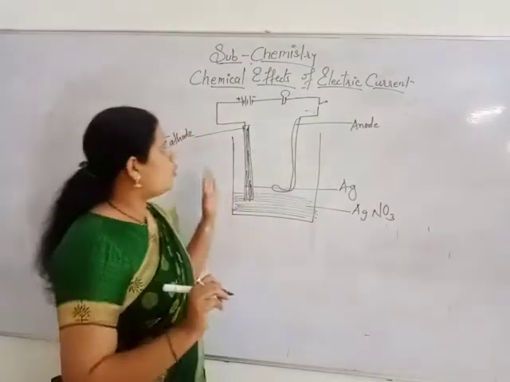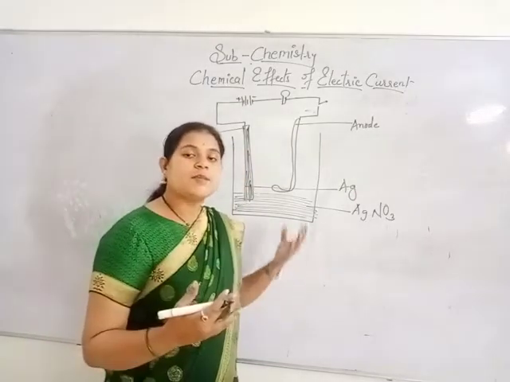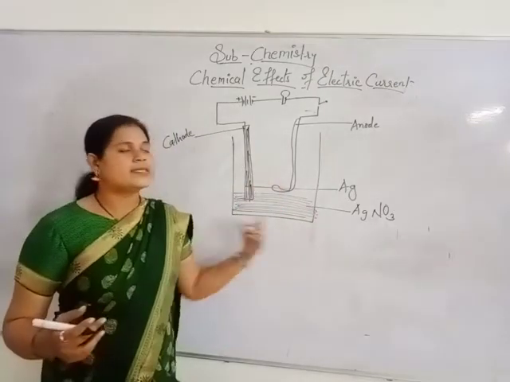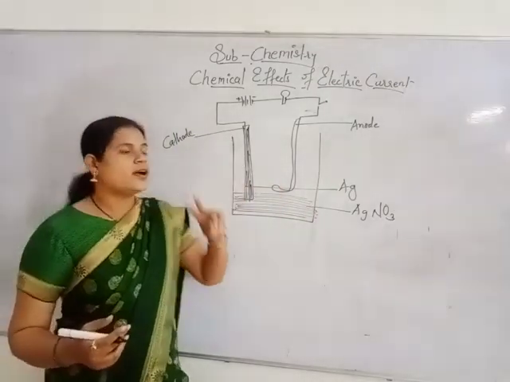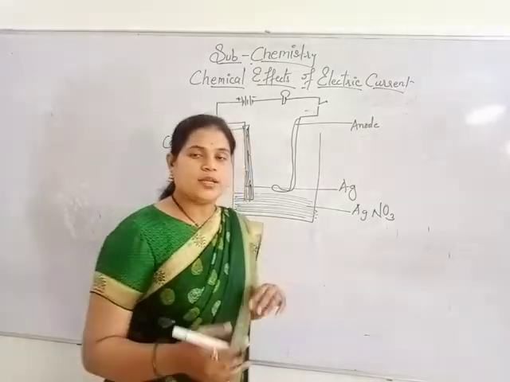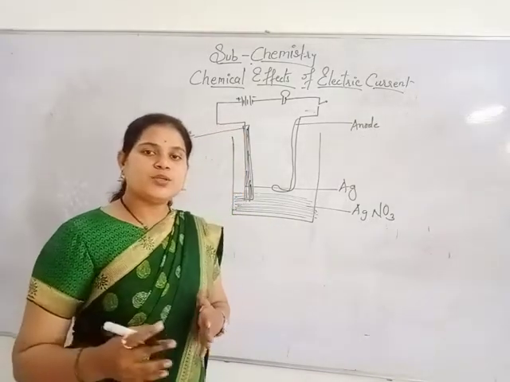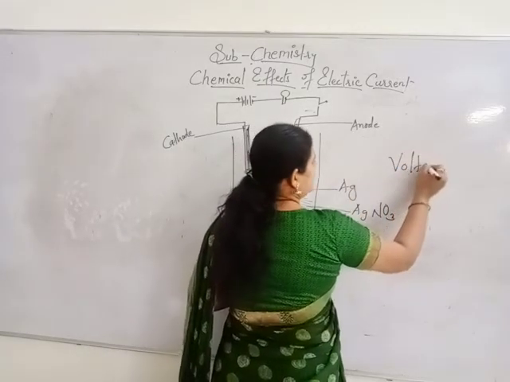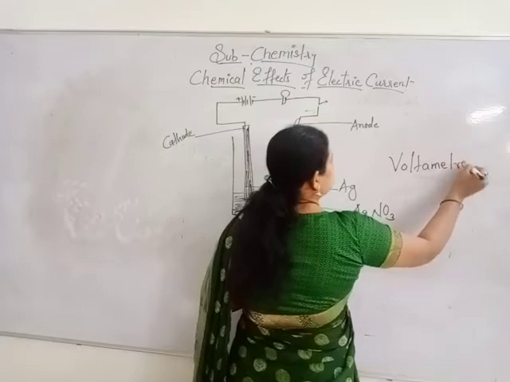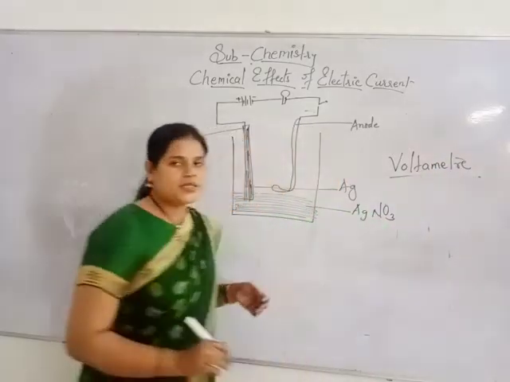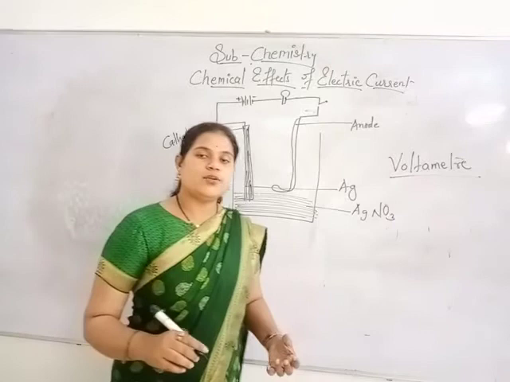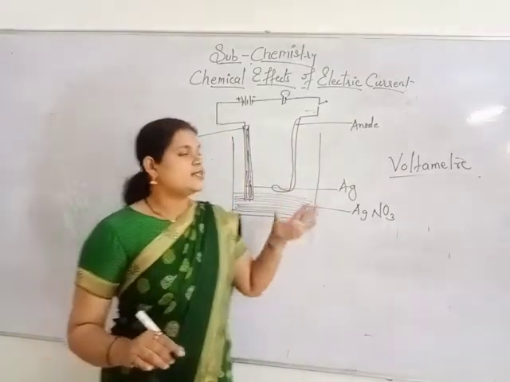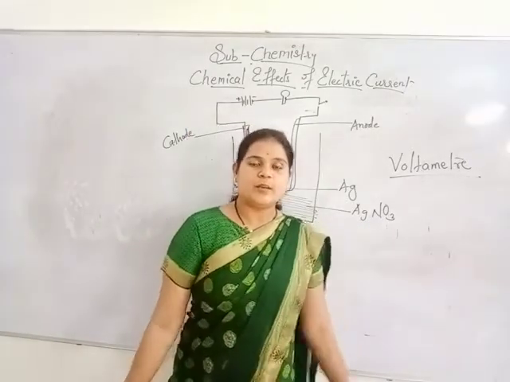Now, whenever you see this type of setup, where there is an electrolytic solution and two electrodes connected with a simple circuit, that setup is known as a voltameter. It has an electrolytic solution and two electrodes connected with a simple circuit.